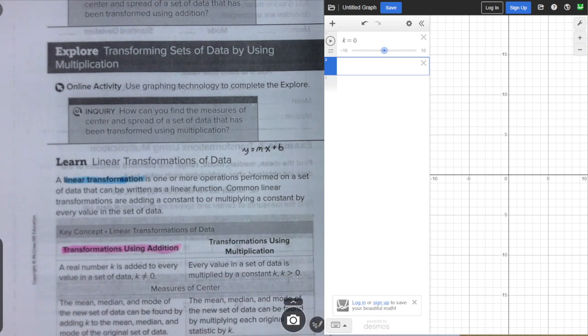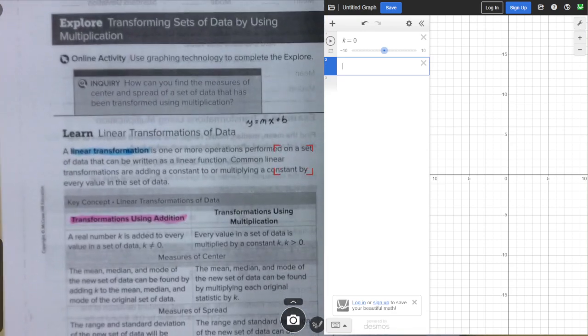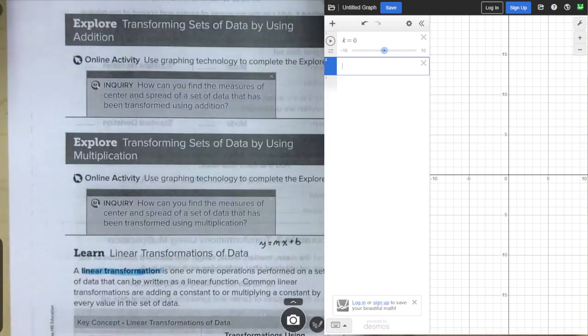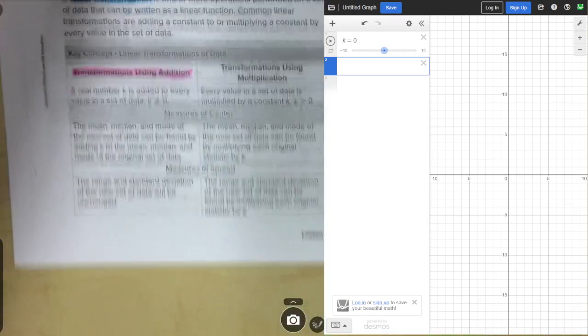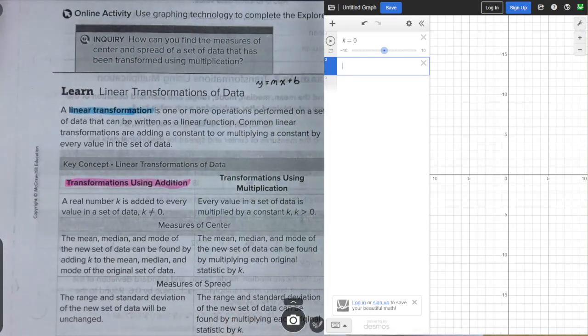It says a real number k is added to every value of the data set. Let's adjust that focus. Slide that back a little bit. And then let's pull this camera out a little bit more. There we go.